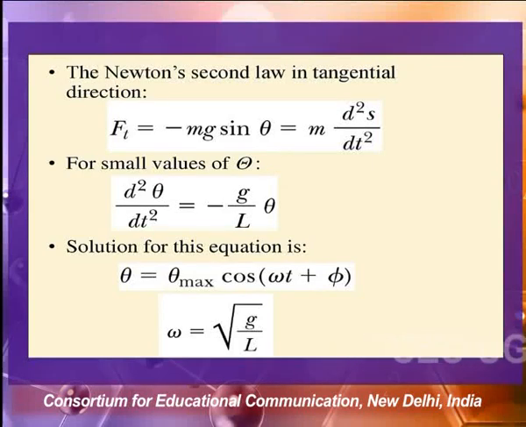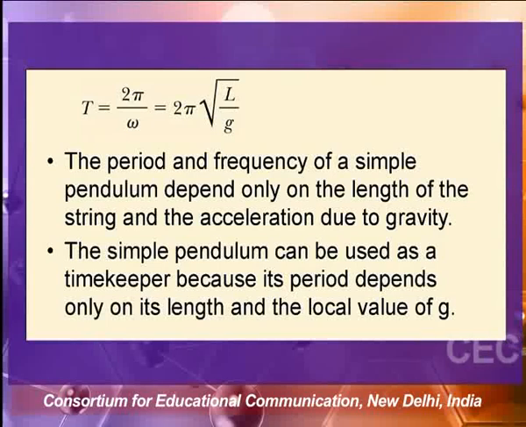And Newton's second law in the tangential direction gives Ft equal to minus mg sin theta equal to m d square s by dt square. For small values of theta, d square theta by dt square equal to minus g by L theta. The solution for this equation is theta equal to theta max cos (omega t plus phi). From that we can calculate omega: omega equal to root g by L. And we can also calculate the time period: T equal to 2 pi by omega, equal to 2 pi root L by g.